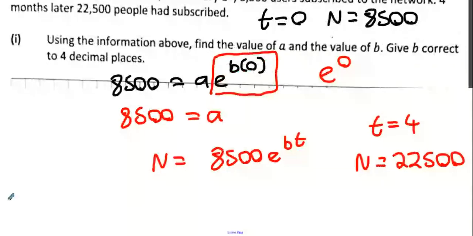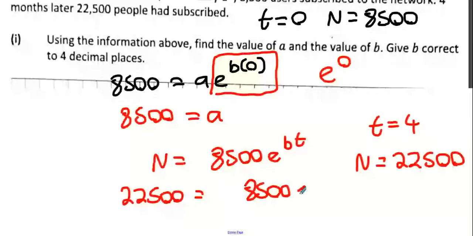Okay? So what we get here, guys? 22,500 equals 8,500 e to the 4b. What do I do with the 8,500?